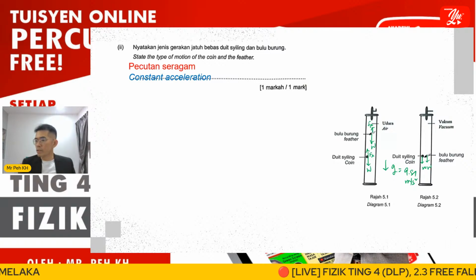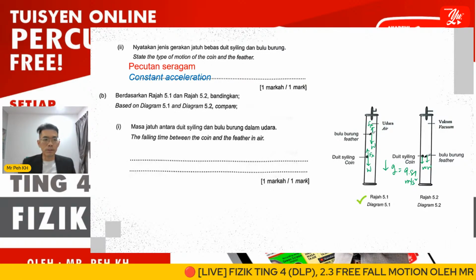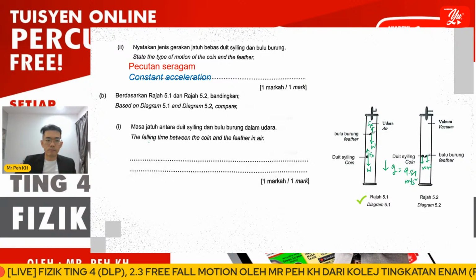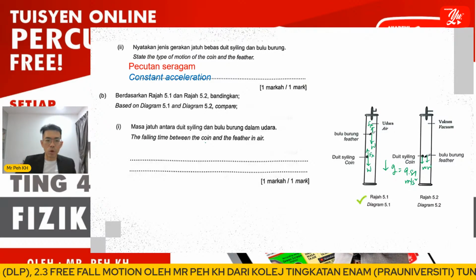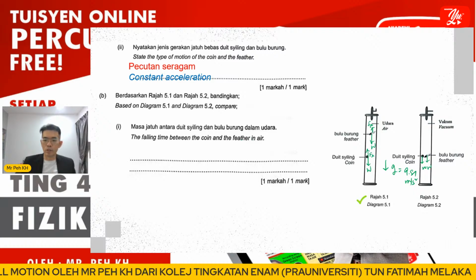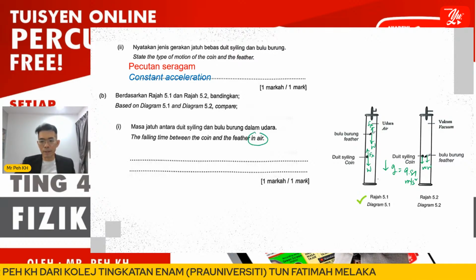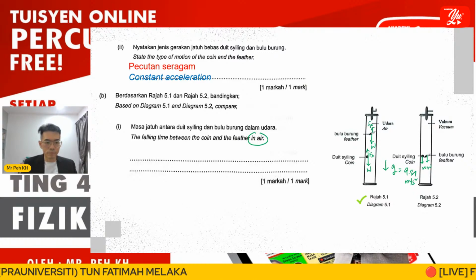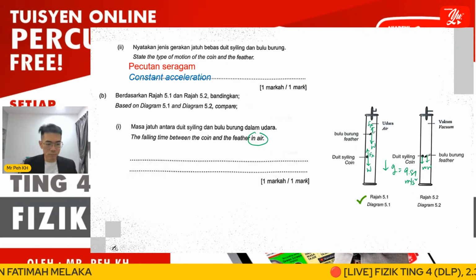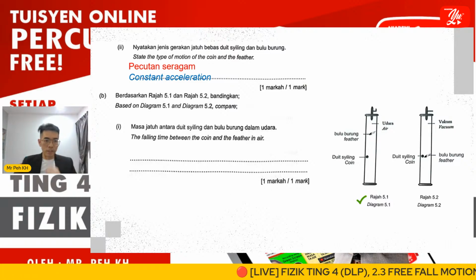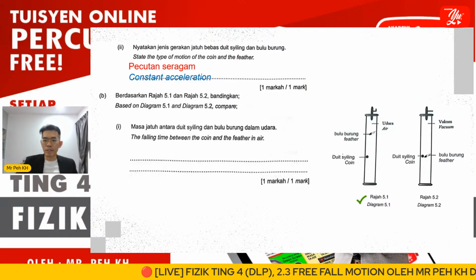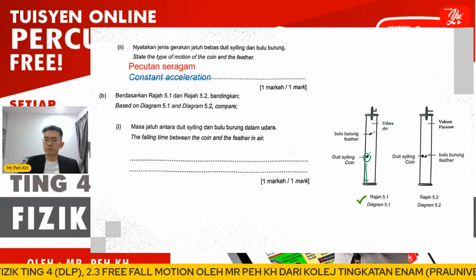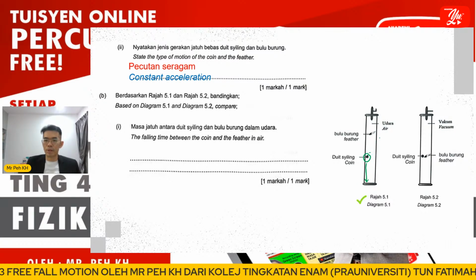Okay, so the next question, B. Based on diagram 5.1 and 5.2, compare the falling time between the coin and the feather in A. That means in A, we just need to compare in diagram 5.1. In diagram 5.1, we are very clear that the coin will fall and reach the ground first compared to the feather.